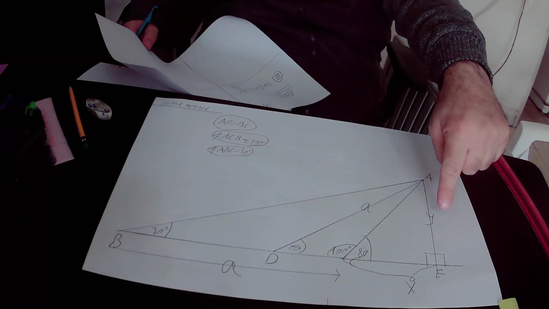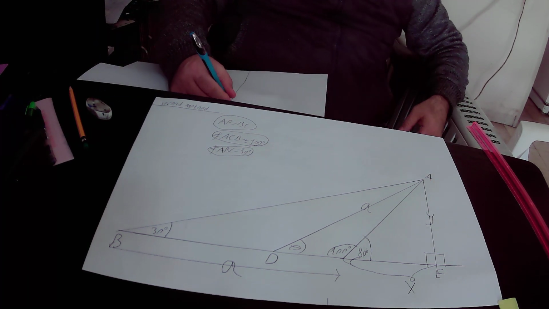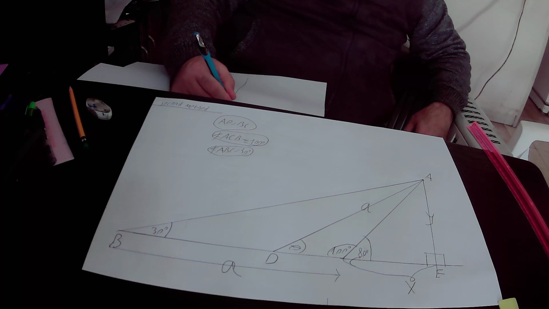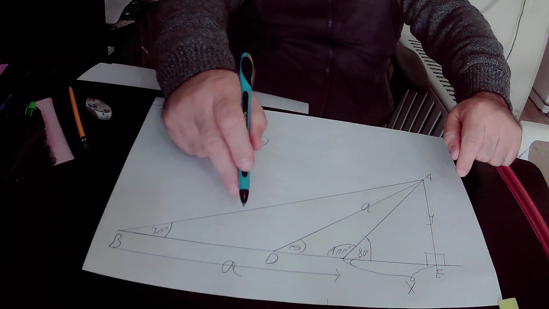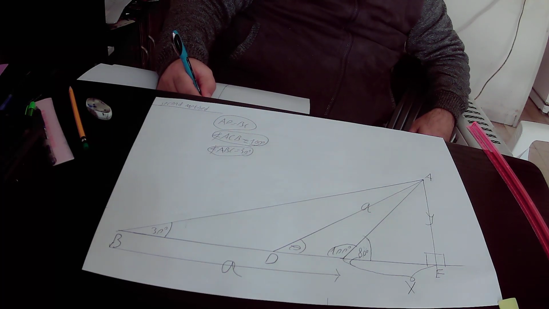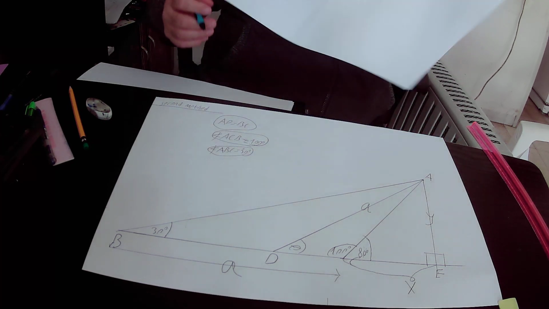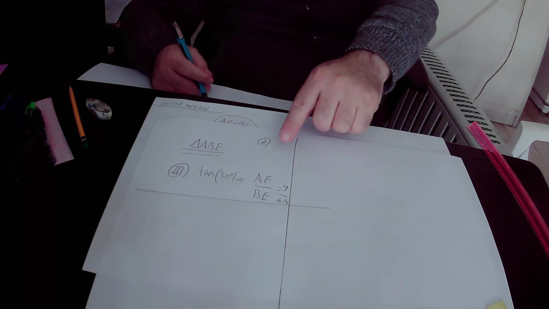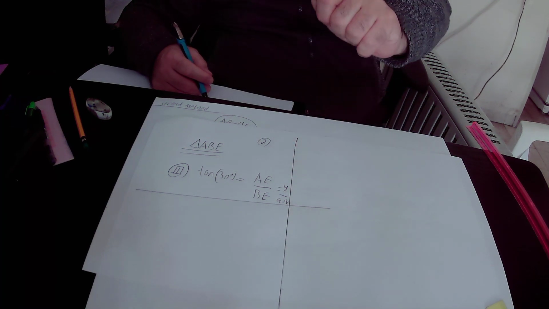But AE equals y according to our definition, so we'll substitute AE by y, and BE equals A plus x. I repeat again, AE equals y, BE equals A plus x.